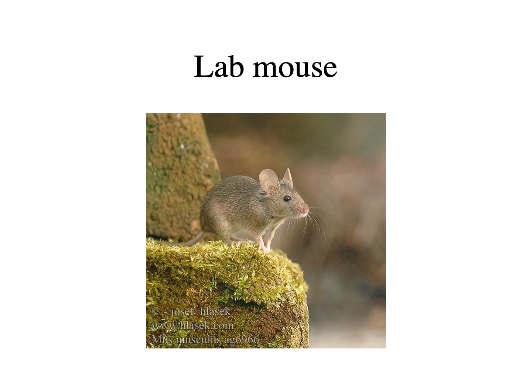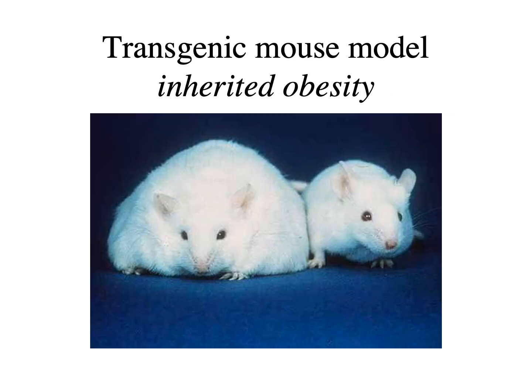So they're extremely important. Here's an example of a transgenic mouse. This is a transgenic mouse model for inherited obesity. And I think you can tell which one is the transgenic. The one on the right is a normal mouse.